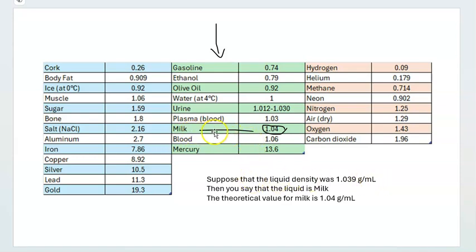Then you say, oh, the liquid is milk. Then the theoretical value for milk is 1.04 grams per milliliter. Theoretical, I say, because it's the one that is in the table, the one that was presented by somebody who has made this research.